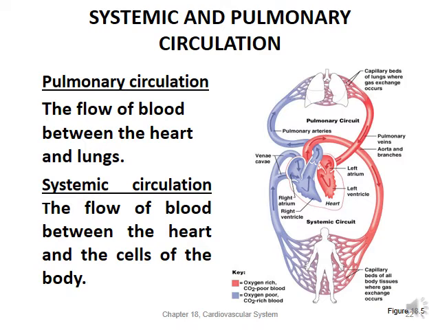So you can see the pulmonary circulation here, blood coming from the right ventricle via the pulmonary artery here, going to the lungs. So this is deoxygenated blood being carried to the lungs. It loses its carbon dioxide in the alveoli, etc., and then gains oxygen.